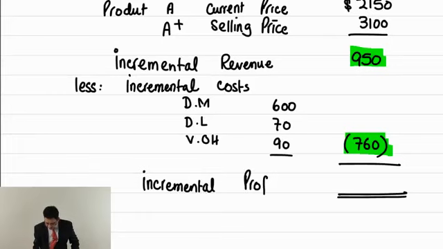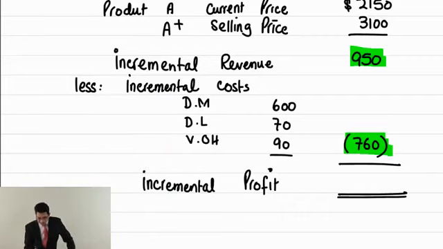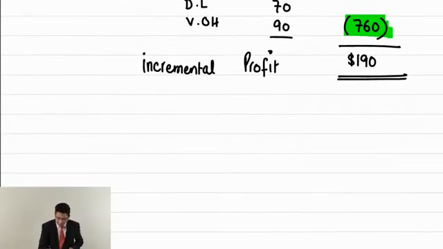This will be the additional profit from A plus: 950 minus 760, which is $190 of additional profit. So on its own, further processing looks financially viable, to process the product A into A plus. Okay, now here is the second part of this, which is sensitivity analysis.